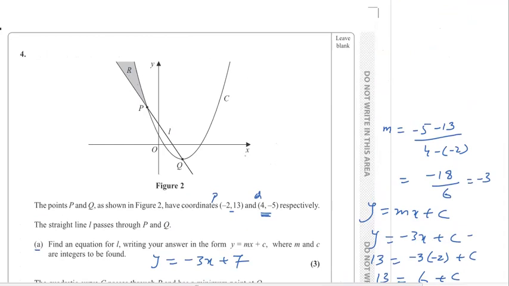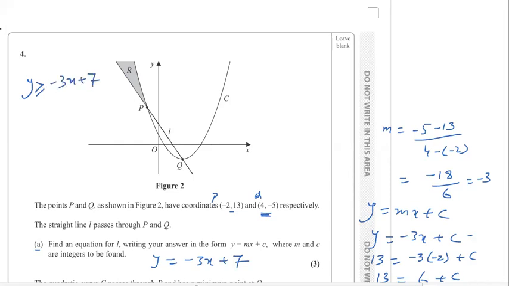Being above the line, and it is a solid line, the inequality will be y is greater than or equal to -3x + 7.